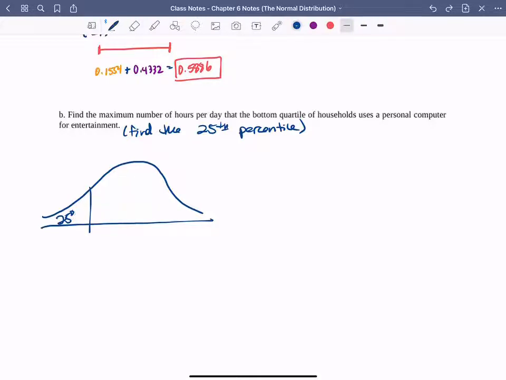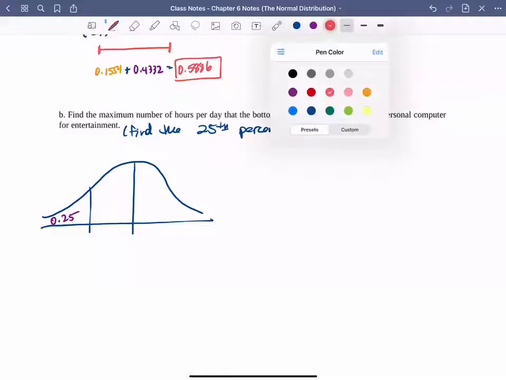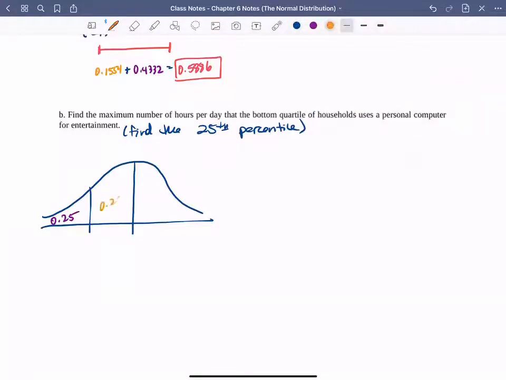So what does that leave us? Well, let me erase some of this. If we know that this is 0.25, then we know that this piece over here is also 0.25. So we need to go to our Z table to find out what Z gives us that 0.25.